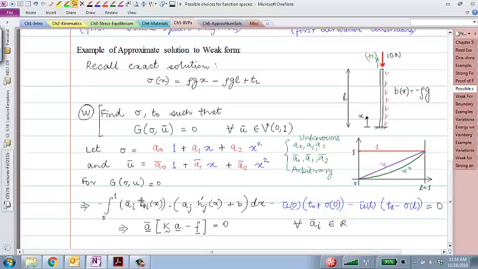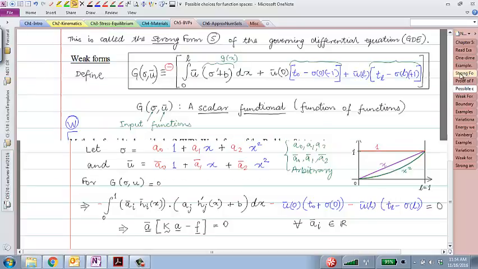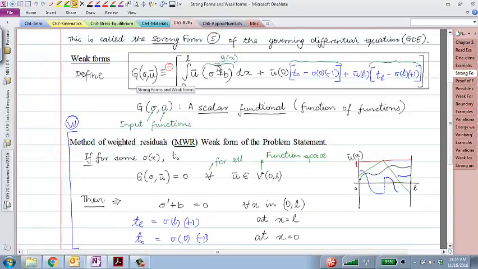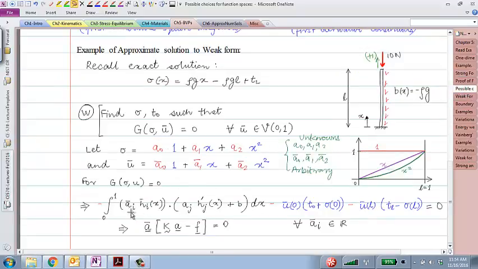And the way that this would work then is you would take this assumption and plug it into the original G functional. So if you look at the original G functional, that was here: u bar times sigma prime plus b, plus the boundary conditions at 0 and L. So all I'm doing now is plugging in the function u bar and the function sigma into this definition of big G. So if we do that, what we get is, this guy is u bar.